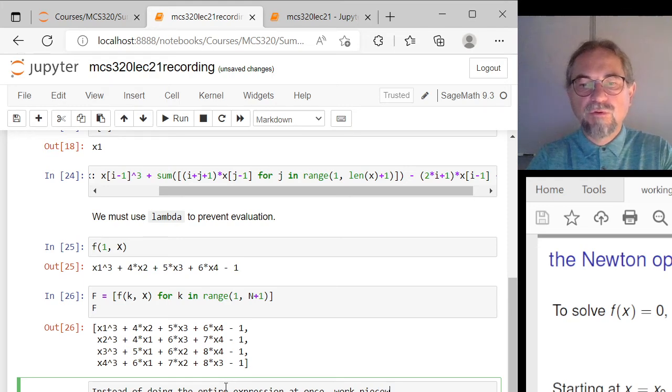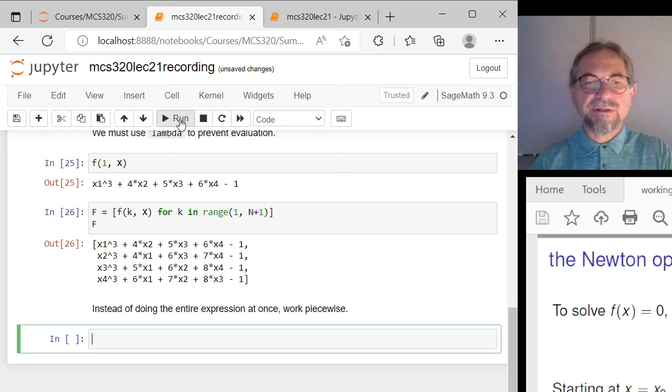So first focus on the terms that are simplest. Okay, so this is a specific polynomial system, highly structured.